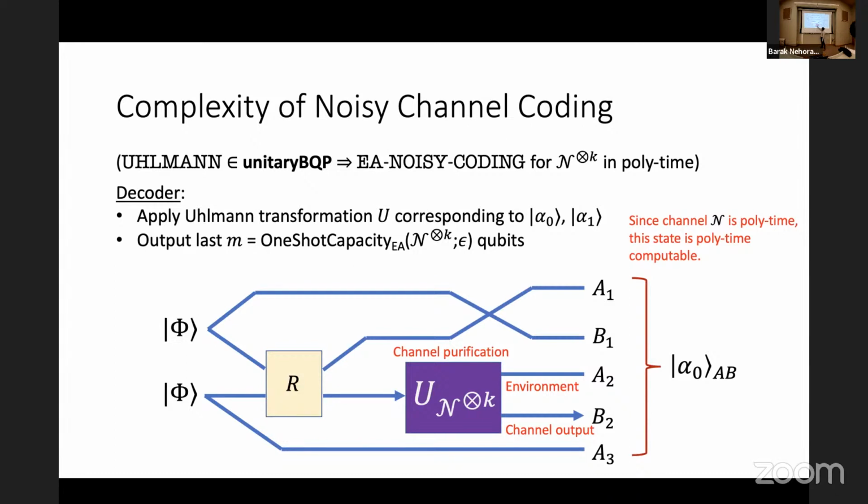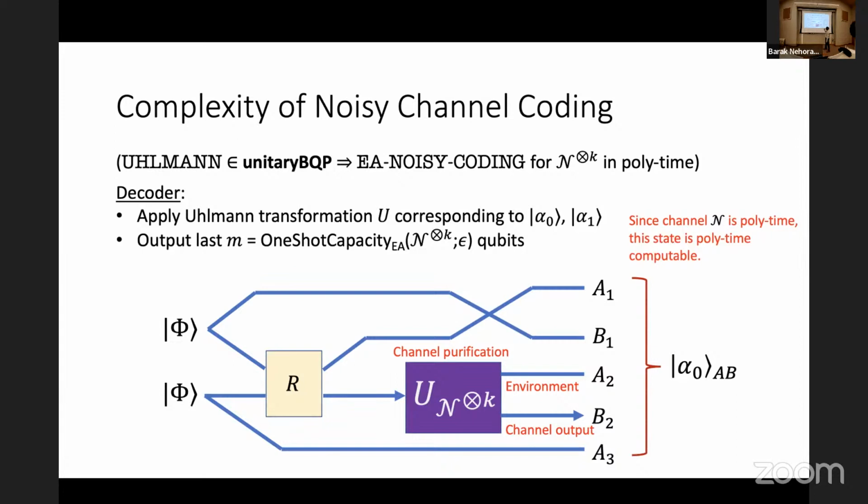A channel, we think of it as noisy, but you can always view it as running a unitary operation on a larger system and throwing out some part of the state. So this is a unitary purification of the channel, and it just runs the unitary and gives an output state. And here I'm just labeling the division of what's in system A and what's in system B.